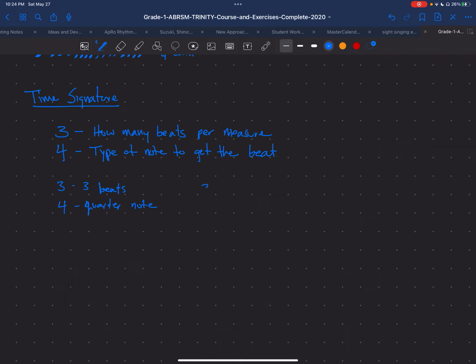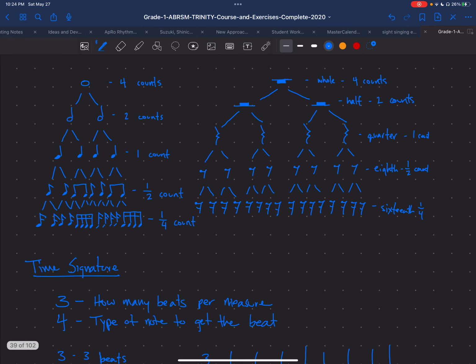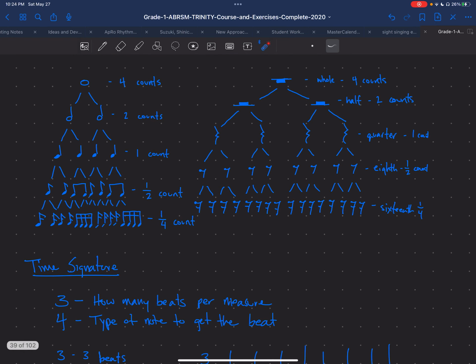That would look like this. So a measure of 3/4 is 1, 2, 3, and then a bar line. And then 1, 2, 3, and then another bar line, and so on and so forth. We could have any combination of our note values.